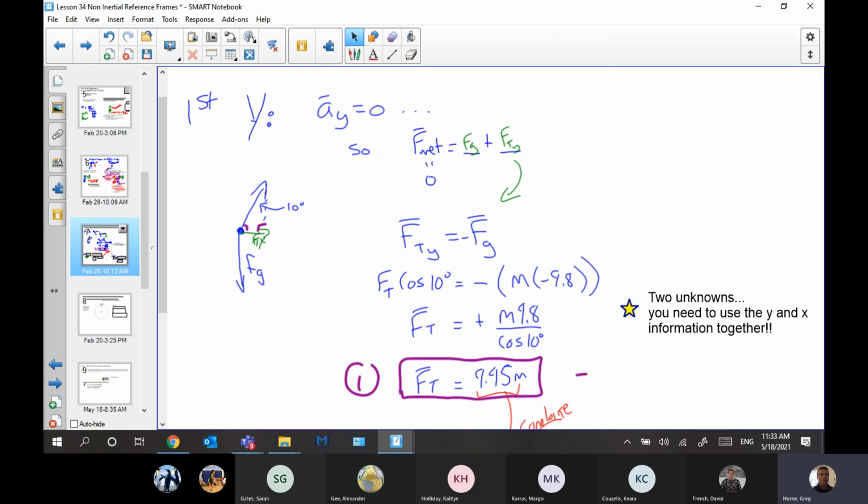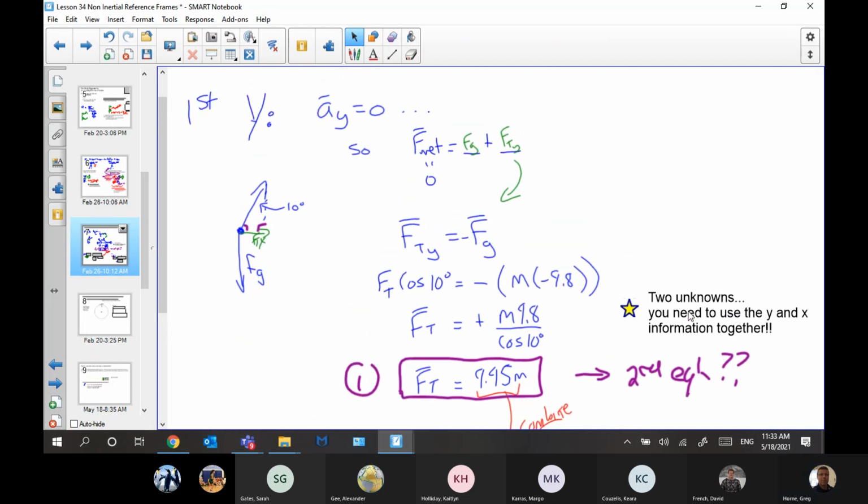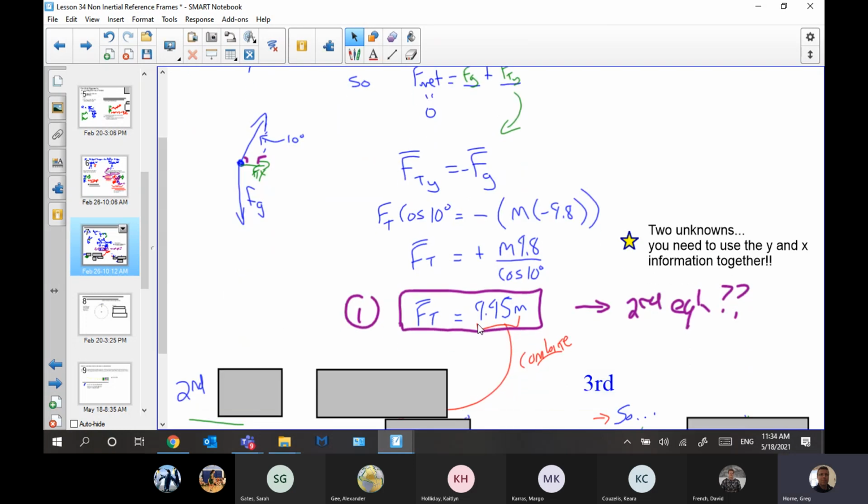You need to find a second equation. We got our first equation from the y direction analysis. Our second equation is going to come from the x direction analysis.